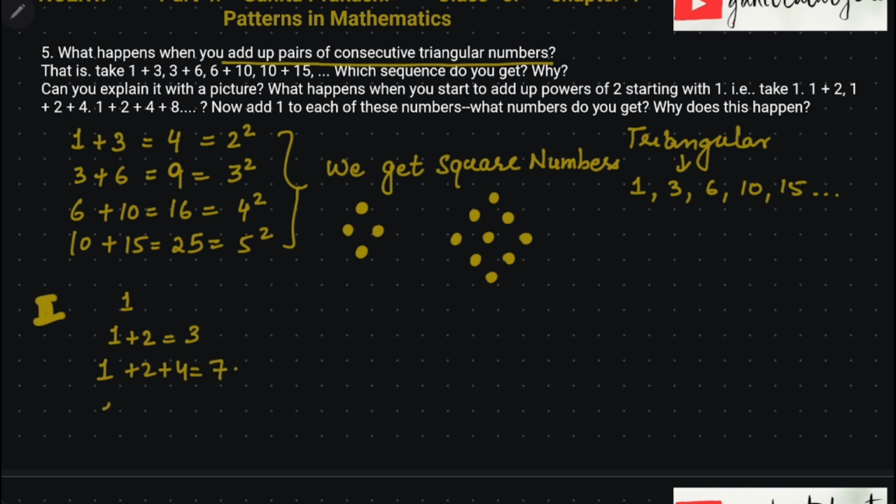Next is 1 plus 2 plus 4 plus 8, which is equal to 15. Next is 1 plus 2 plus 4 plus 8 plus 16, which is 15 plus 16, that is 31. So what type of numbers do we get?